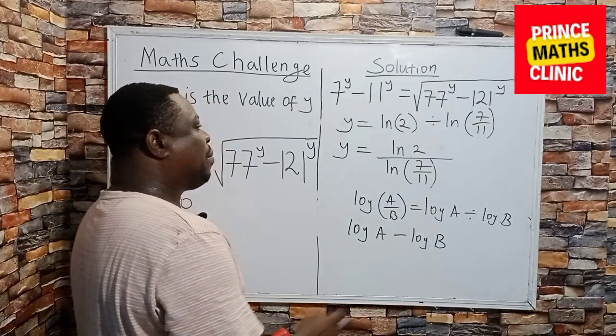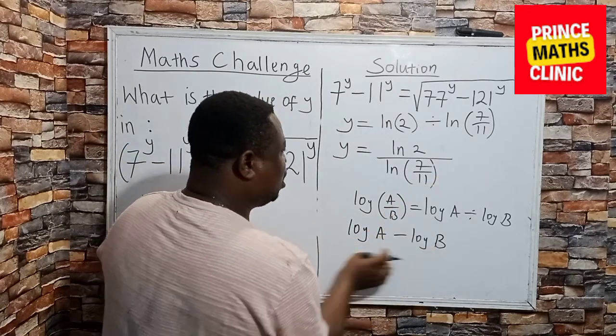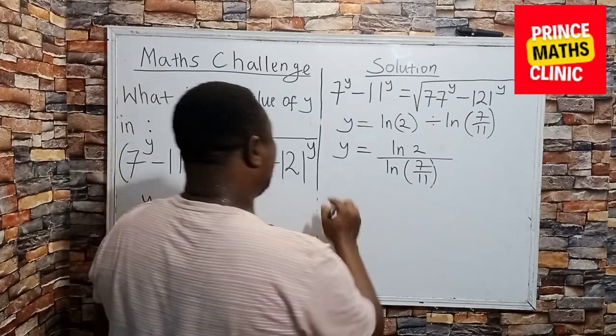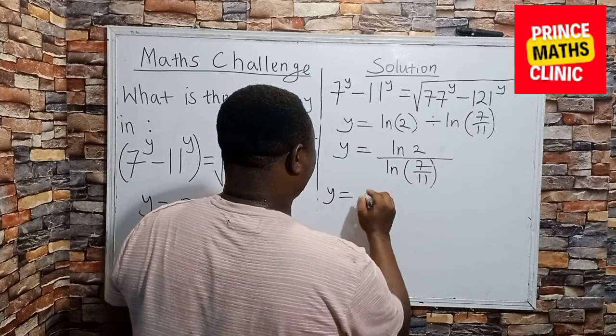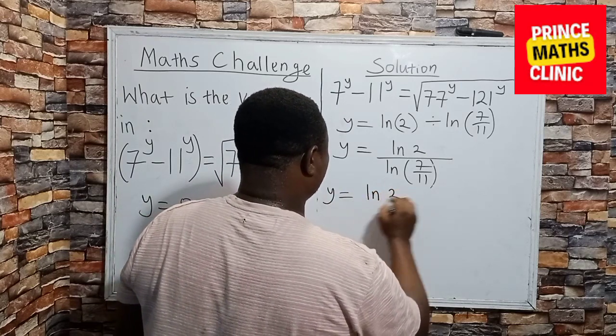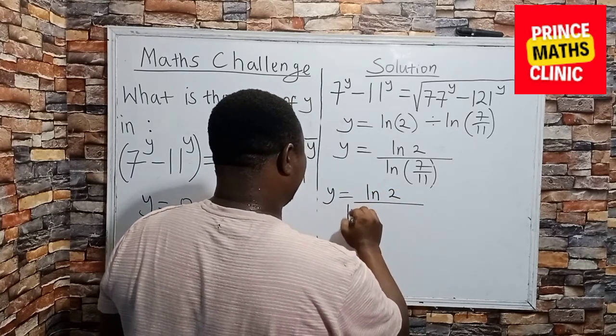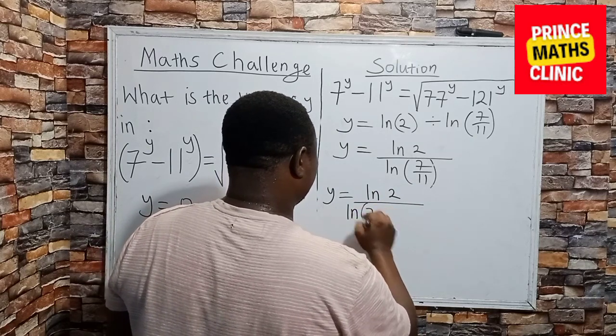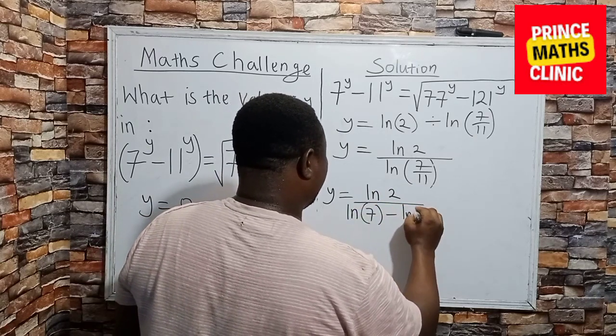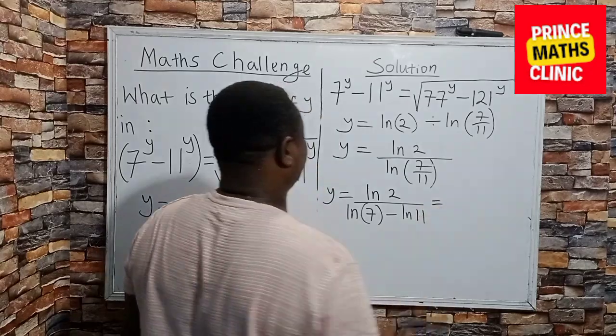So in essence, I'm going to treat this using this law. It will now become y equals ln 2 over ln 7 minus ln 11.